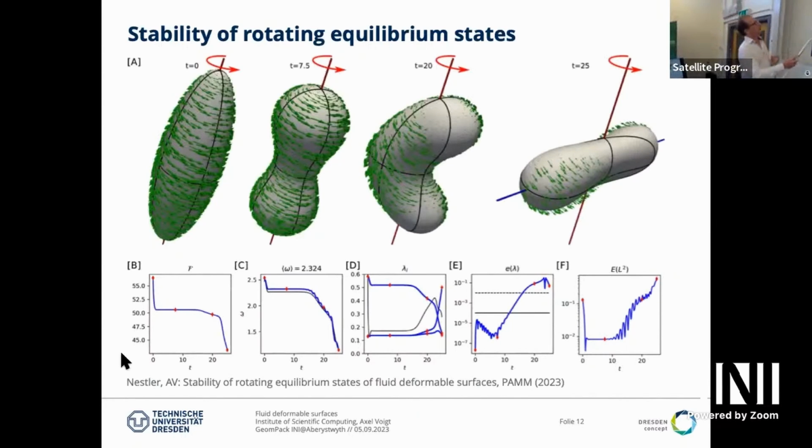Over time this deforms and leads to a shape which is rotating around another axis, and actually the energy of this is lower than the energy of that. So there are twists on that.